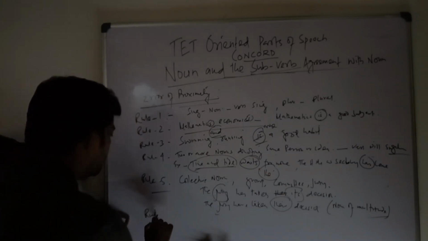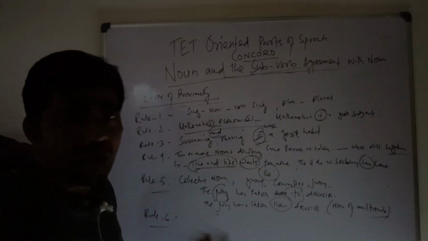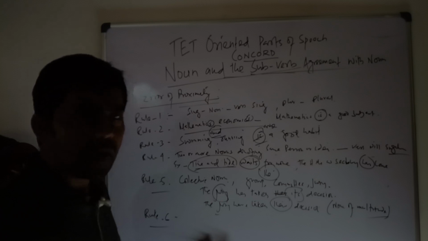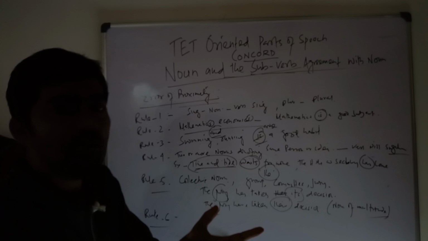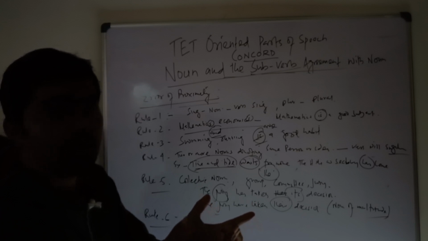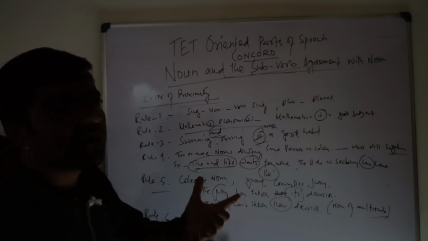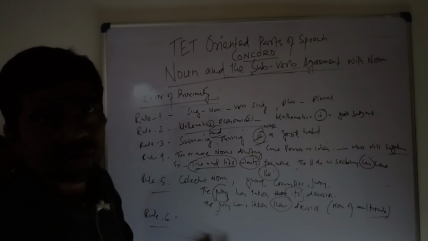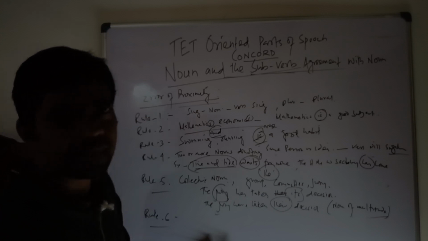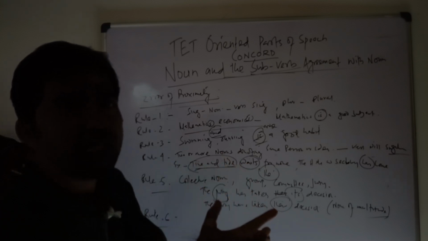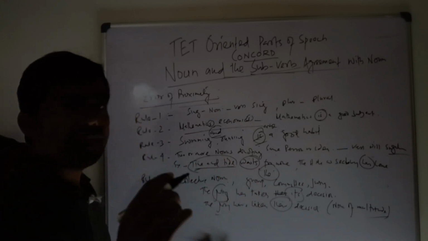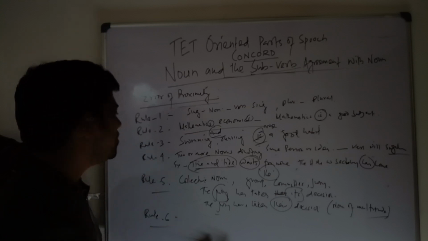Rule 6. If the noun is plural but denotes the sense of some specific quantity or a whole, the cardinal or ordinal or multiplicative nouns, if these denote a sense of unity or a whole, then the verb will always be singular.